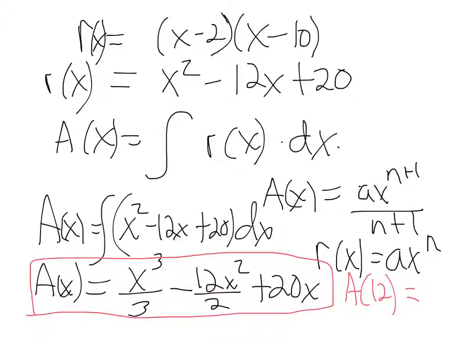We'd have 12 cubed divided by 3 minus 12 times 12 squared over 2 plus 20 times 12. And I believe the answer to that is on a previous slide. I'm just going to pause it for a second and go back. So that altogether equals negative 48 centimeters.